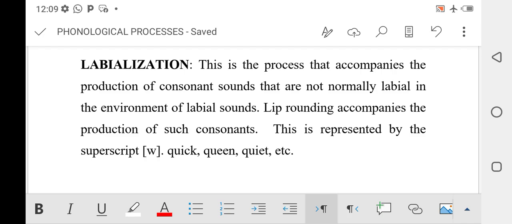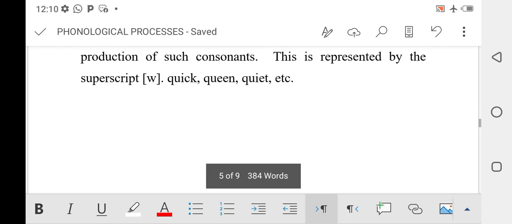If I write k, I will put it raised to power small letter w. That is showing that I am telling someone that that k is labialized, as in quick, queen, quiet, quit. All right, that is labialization.